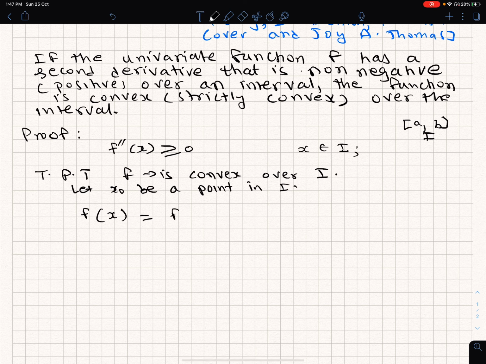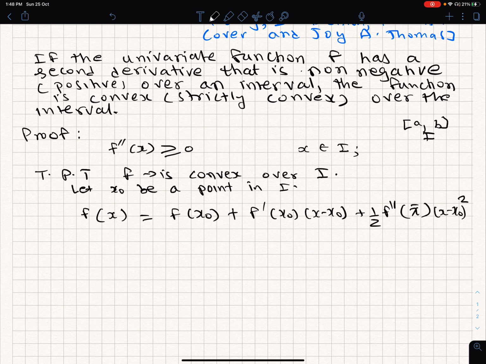So f of x will be equal to f of x naught plus f dash of x naught into x minus x naught plus half of f double dash of some x bar into x minus x naught whole square, where this second derivative, where it is evaluated we don't know, but it comes somewhere between x naught and x, is it not?